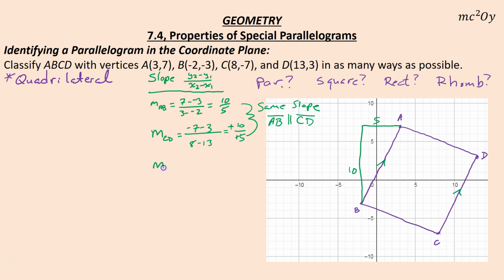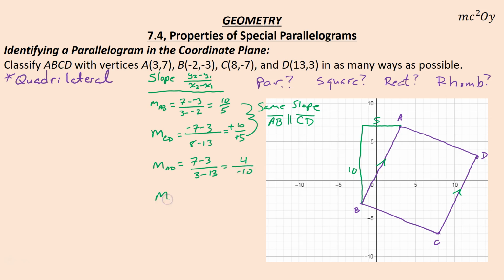Okay, well, we can go through the same process with AD. All right, find the slope of AD. Well, I'm going to just go through them fairly fast. 7 minus 3 and 3 minus 13. Notice I'm just taking my y's. Okay, 7 minus 3 and then 3 minus 13. Okay, and so I get 4 over negative 10.